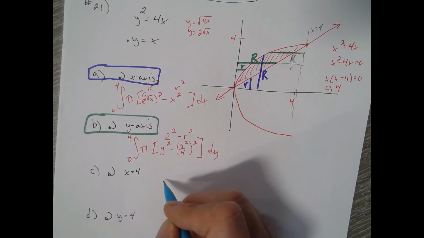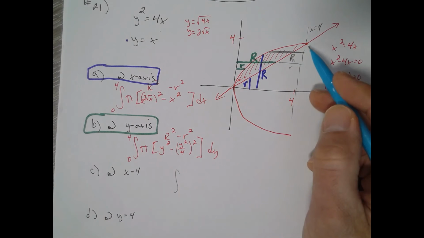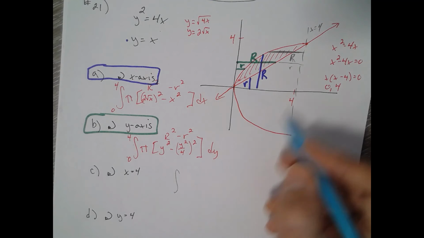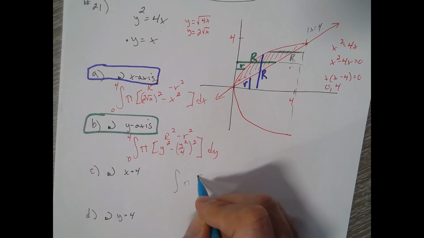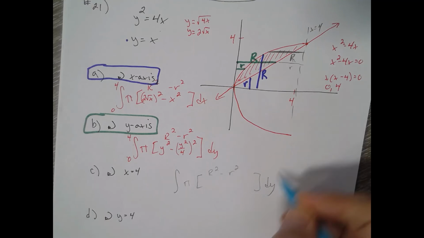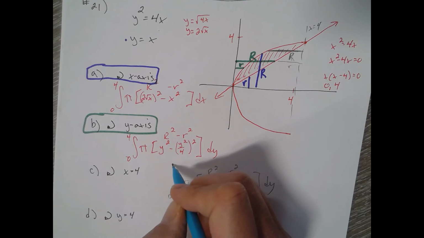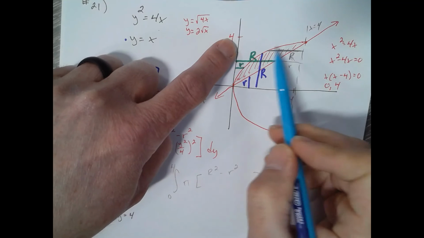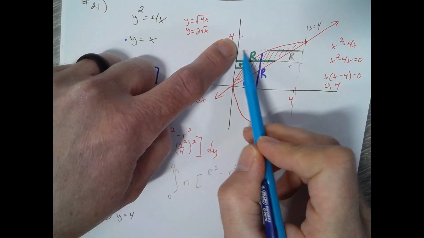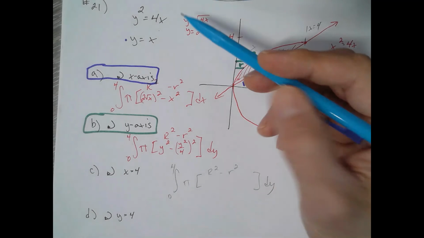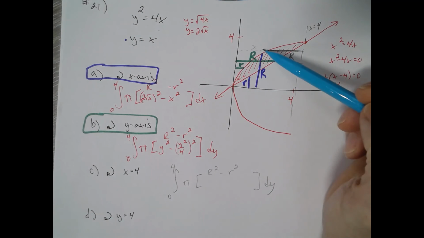Alright, so going around x equals 4 is vertical. We're using washer, so it's going to be pi times big R squared minus little r squared dy from 0 to 4. Our R is this whole part minus this. This part is x, which is equal to y squared over 4. That's what this x is equal to.